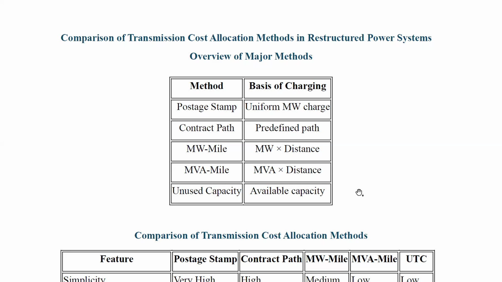That way, it should not be lost for any transmission owners. But the only thing is MVA, that is reactive power, we are not considering. So that is one limitation. These two methods, the MVA mile method and the unused capacity method, are the mostly used methods.